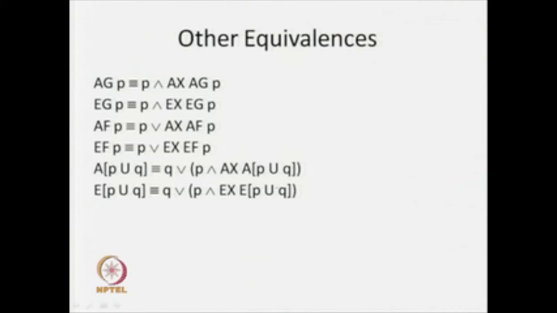Just see the nature of those equivalences. Actually, this is some sort of recursive definition of those temporal operators. Here we have 6 temporal operators. That means these 6 temporal operators are expressed by themselves along with the temporal operators E x and A x, the next state operators.